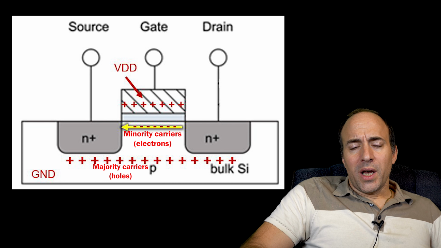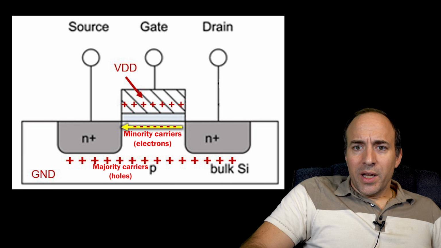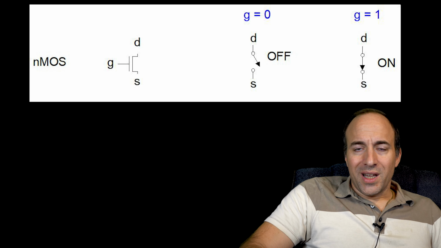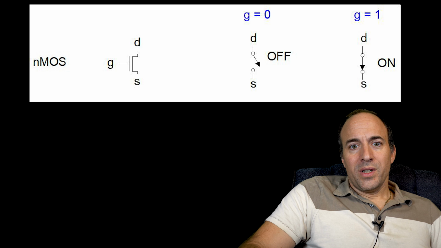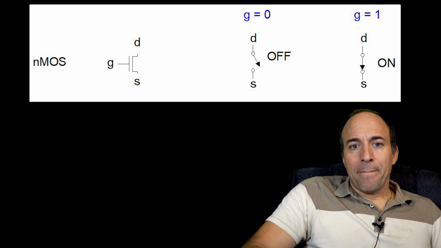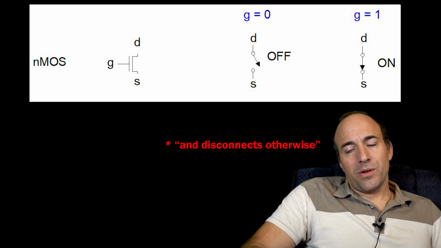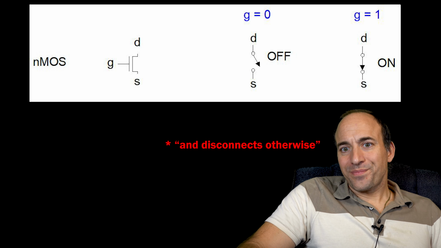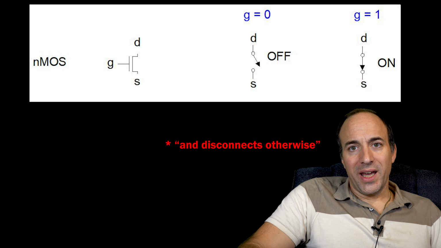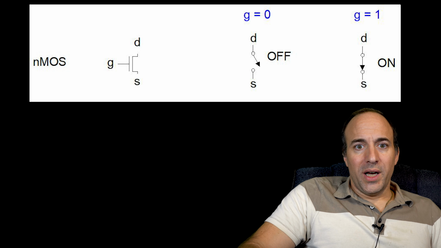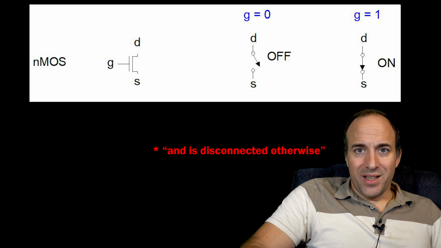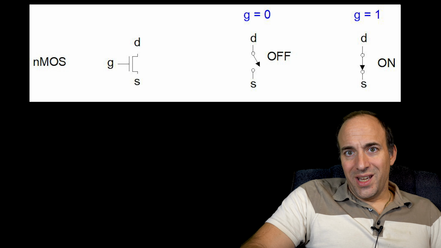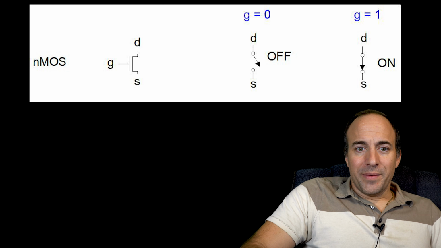In other words, the N-type transistor electrically connects the source and drain when the gate is 1, essentially, or is VDD, and not otherwise. Or technically, I should say anything above VIH would connect the source and drain, because the gate is going to be connected to the inputs of the logic gate.